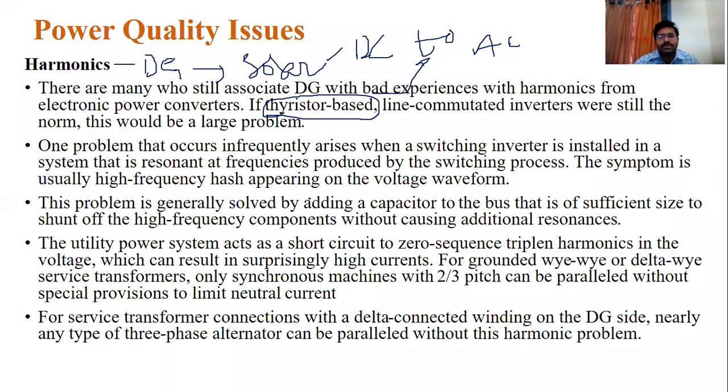Because of these line-commutated inverters, some other things may also lead to harmonics in the system. That is one problem. Another one is resonance, which may also increase the resonant problems in the system.